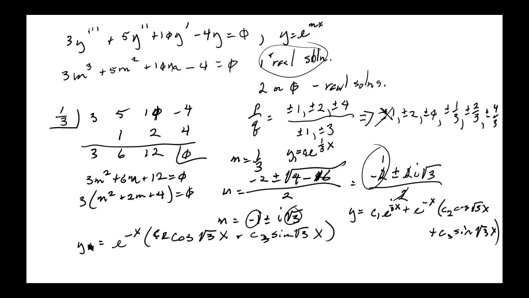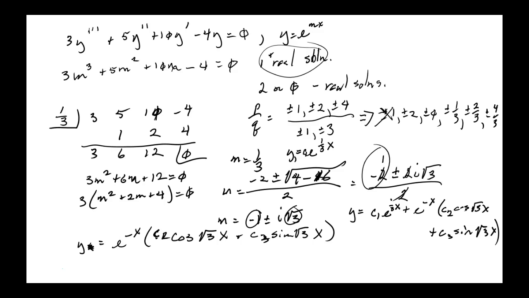Those other 2 solutions were complex, and they were -1 plus i root 3 and -1 minus i root 3. Both negative. So those translate to e to the minus x, and then cosine root 3x and sine root 3x, a linear combination of those. That's how they usually write the answers.